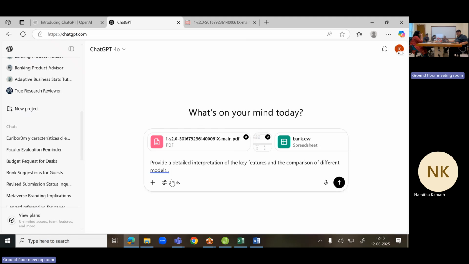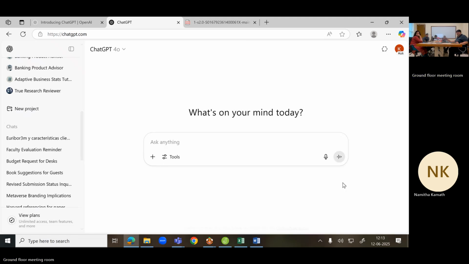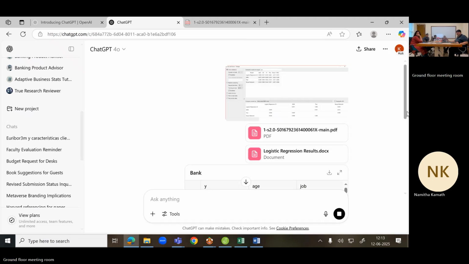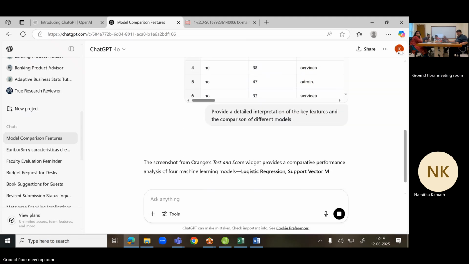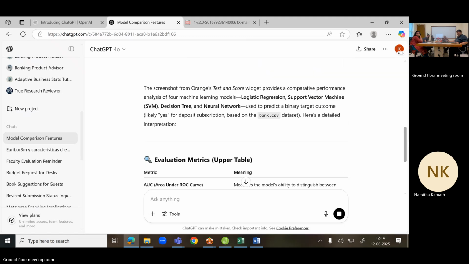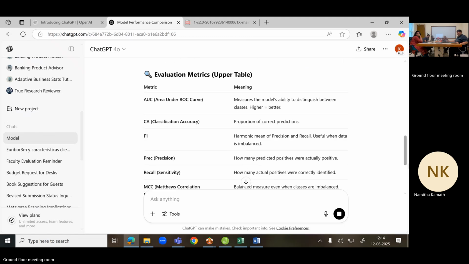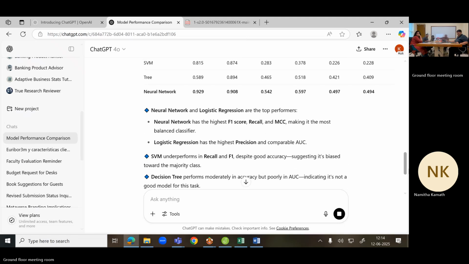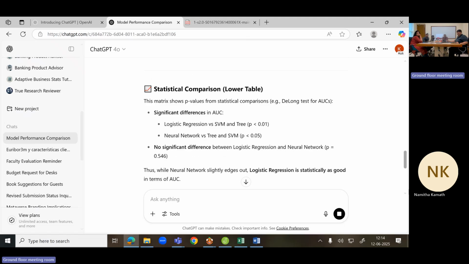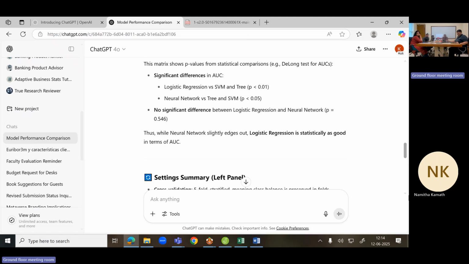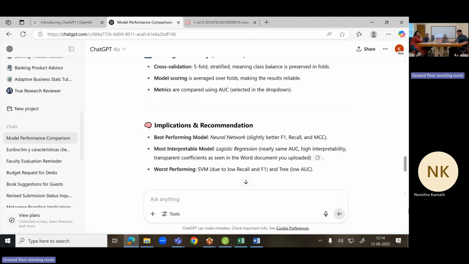And then you just put this across and let it work. It gives you whatever things there, and then of course you can again ask.